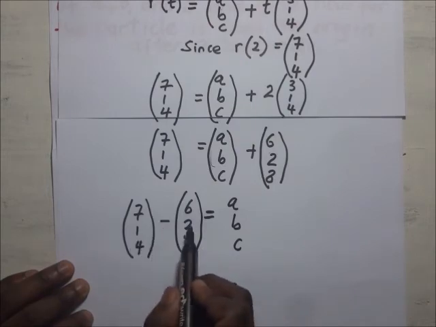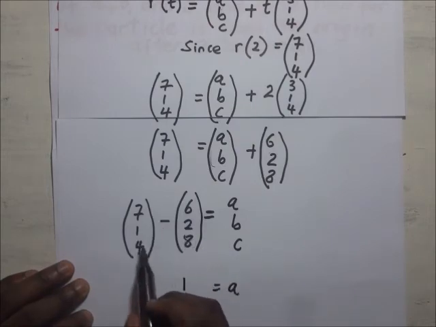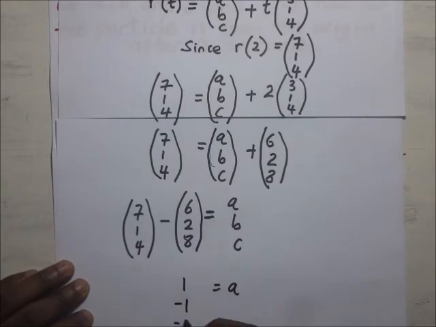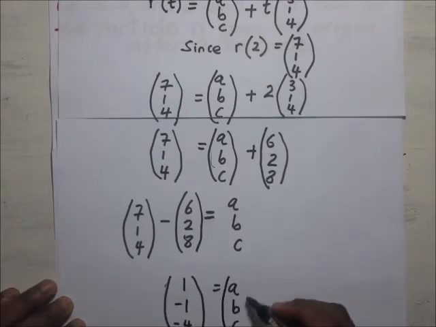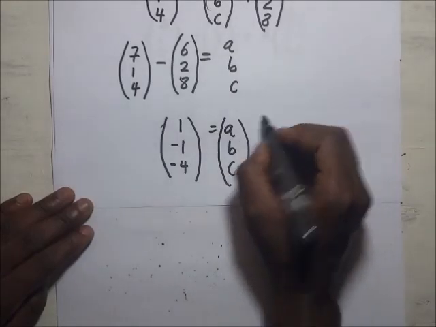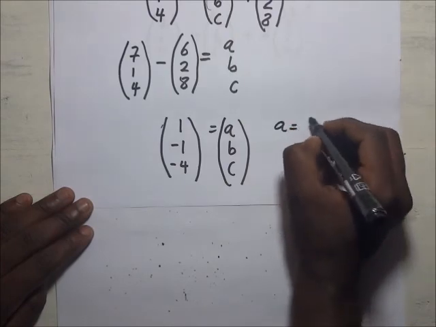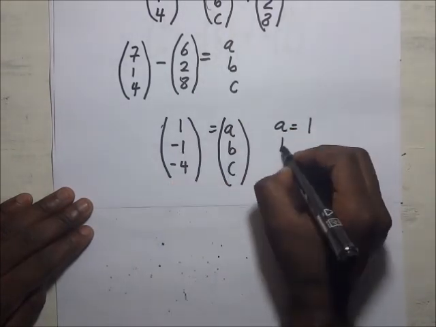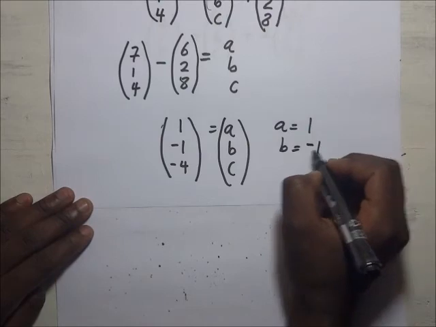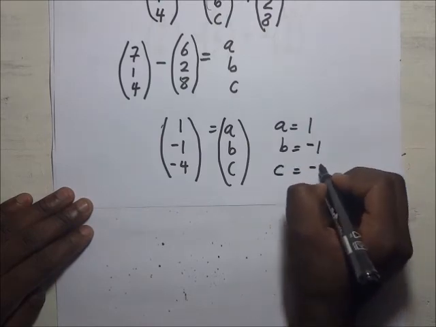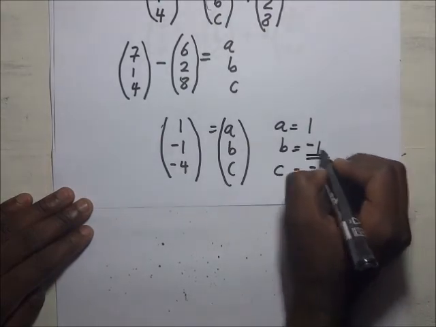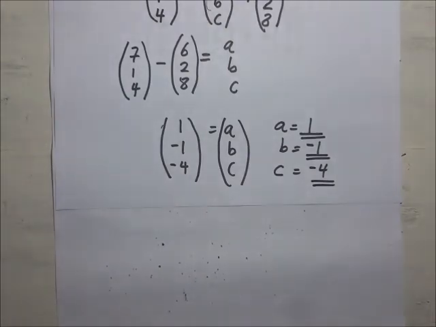We have 1 minus 2, which is negative 1. Then we have 4 minus 8, which is negative 4. So we conclude that our value of A is 1, our value of B is negative 1, and our value of C is negative 4. And that's how we get our values of A, B, and C.